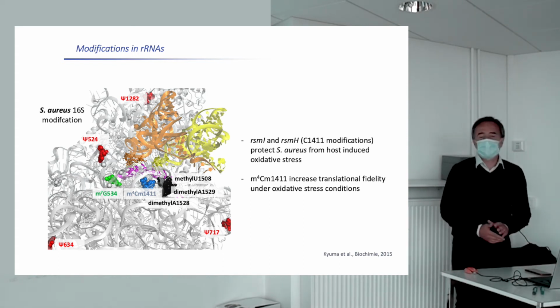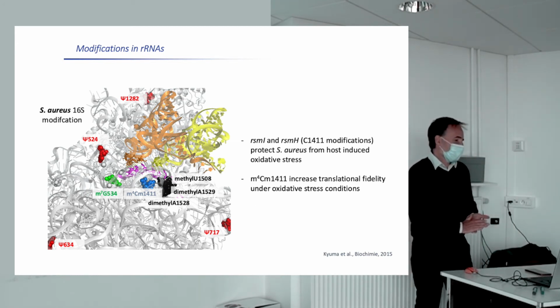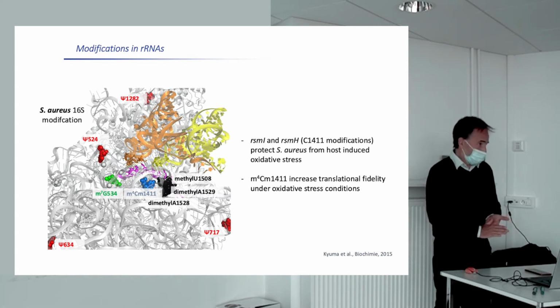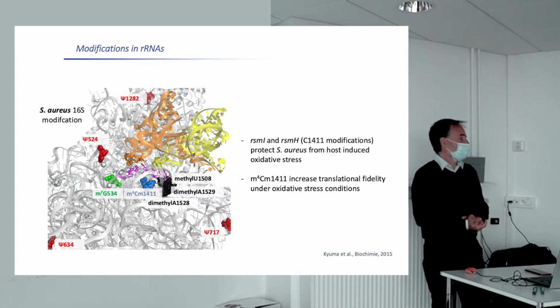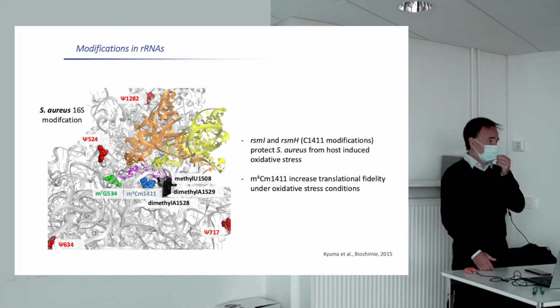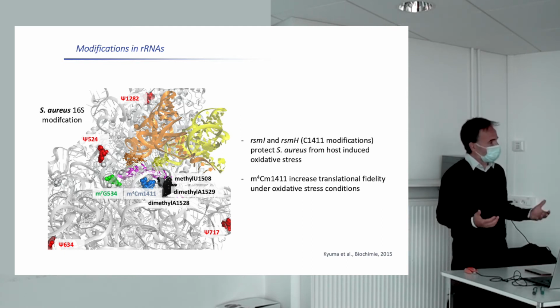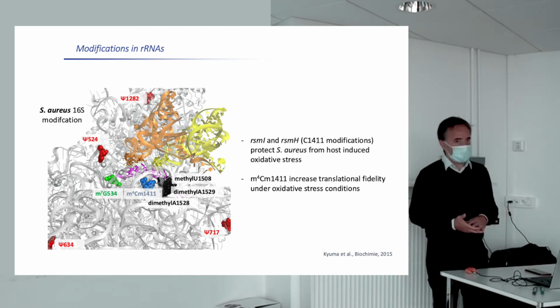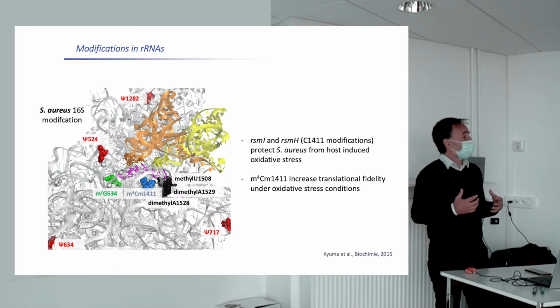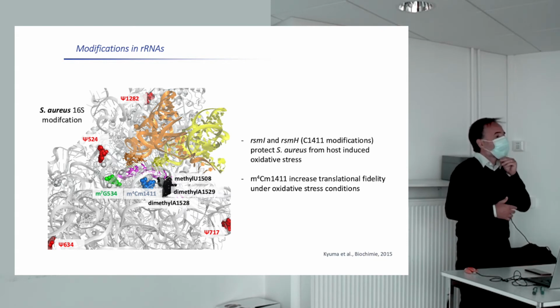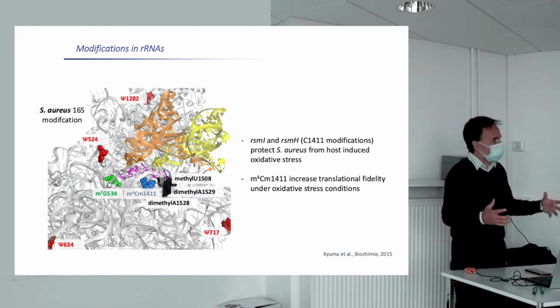Oxidative stress is an interesting stress because the cells of the immune system, macrophages, for example, and neutrophils, can phagocytose bacterial cells. This is one of the mechanisms of defense against pathogenic bacteria. Once they phagocytose the bacterial cells, they can stress them by producing reactive oxygen species, creating an oxidative stress on the bacteria.